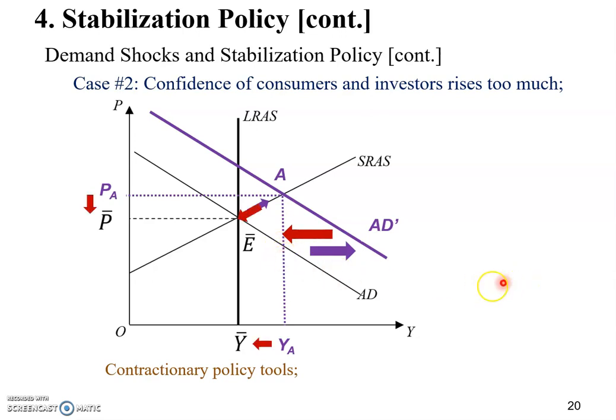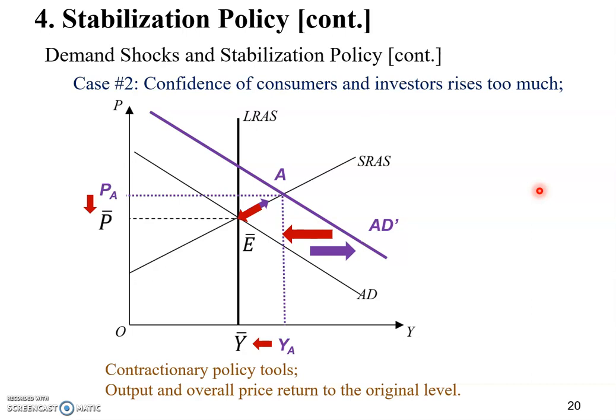When we look at the output level, it decreases from YA to Y bar, the original level, and the overall price level decreases from PA to P bar as well. Again, the output and the overall price return to the original level.